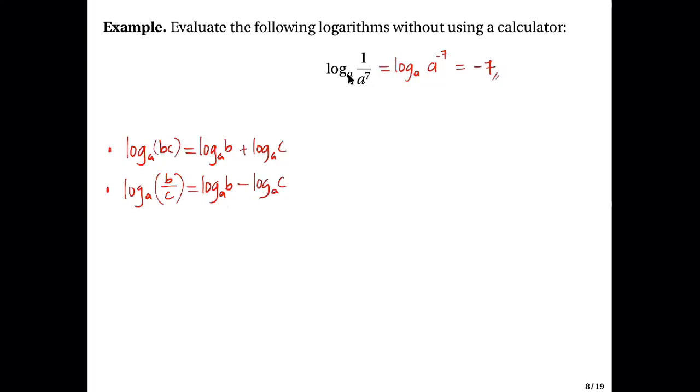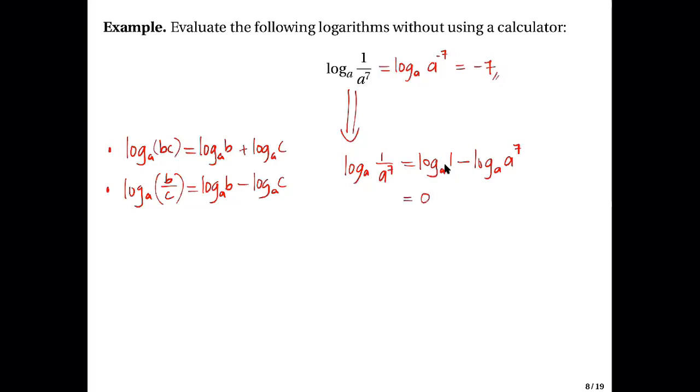With this direction, we write log of 1 over a to the 7 with base a as log of 1 with base a minus log of a to the 7 with base a. In the previous slide, I recalled that log 1 with any base is just equal to 0.